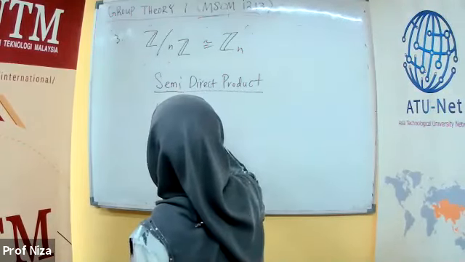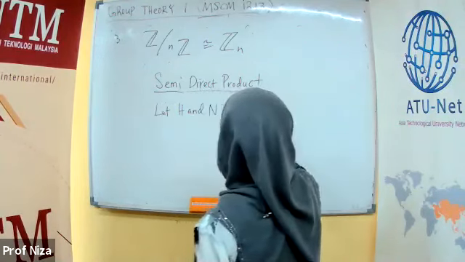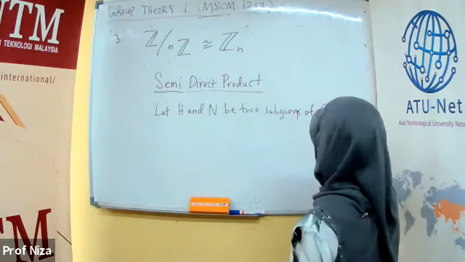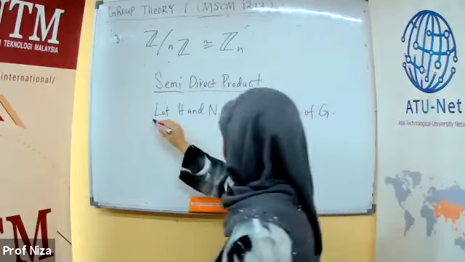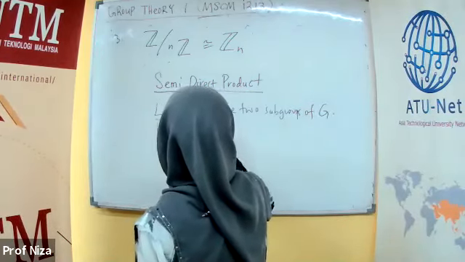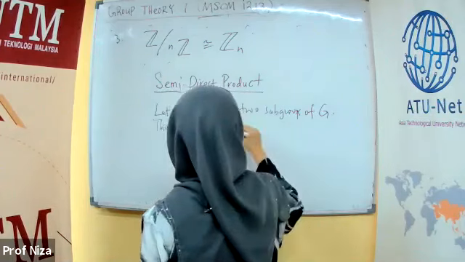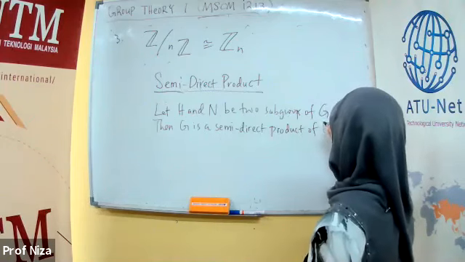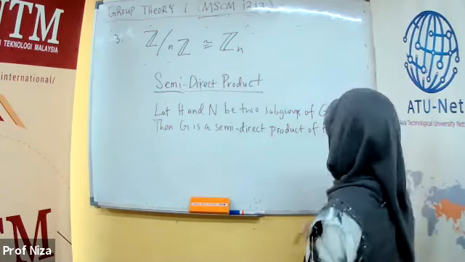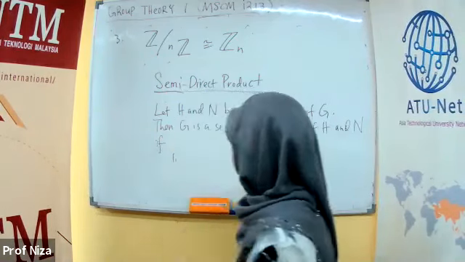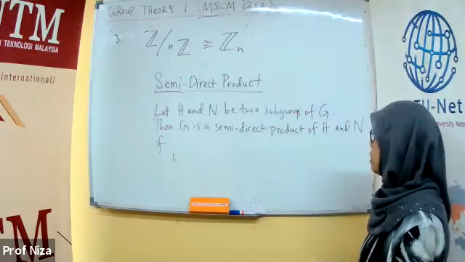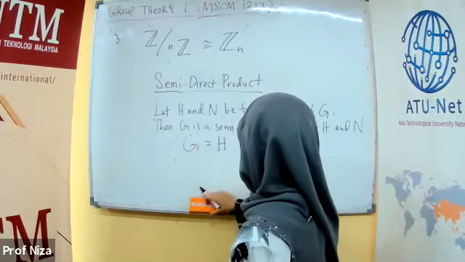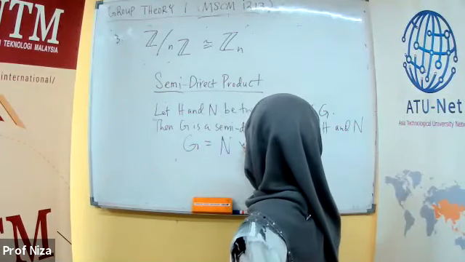Let H and N be 2 subgroups of G, G is a group. Then G is a semi-direct product of H and N if, wait, let me write, G equals HN.